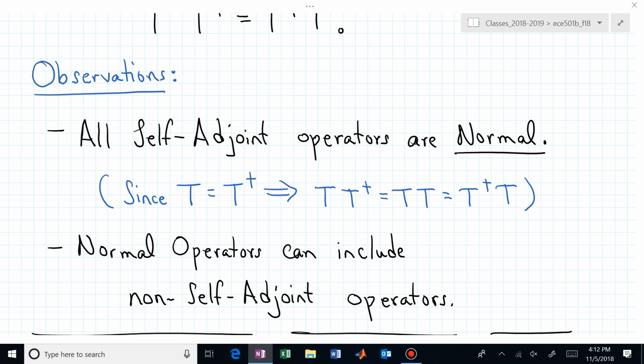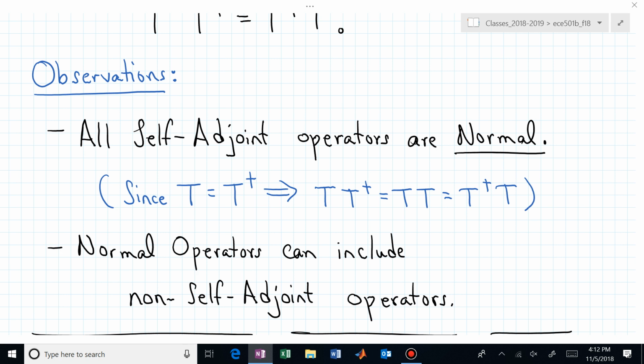That just means that T, the linear map, is equal to its adjoint. T equal to T dagger then allows us to rewrite T T dagger as T T. Well, T T, now we can dagger either one of those. Let's dagger the first one, and we end up with T dagger T. So if we have a self-adjoint map, then we are assured that it's normal.